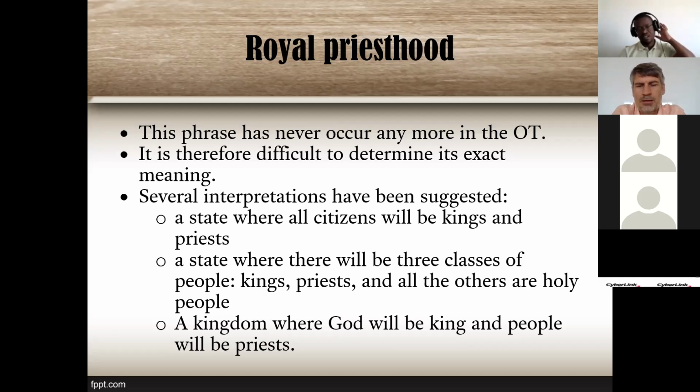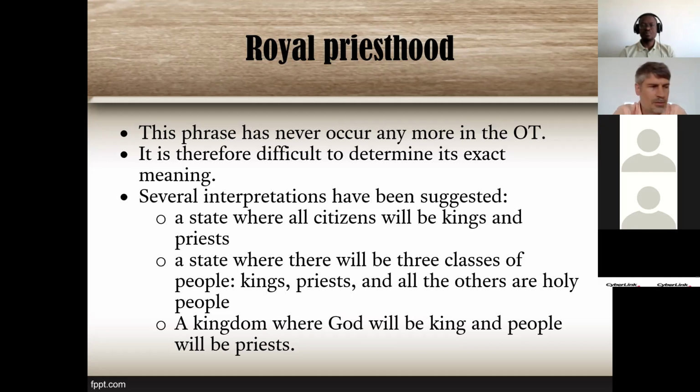For me, I believe it's the first one. Why do you think it is the first one? Because from the verse that Pastor Karami just quoted, it says the people themselves are a royal priesthood.